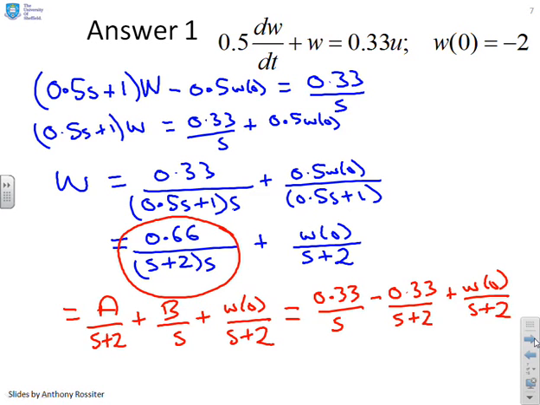And you'll notice we get the classic sort of solution here, which I'll write down at the bottom, that therefore w of t equals 0.33, and then we get plus w of 0 minus 0.33 into e to the minus 2t.